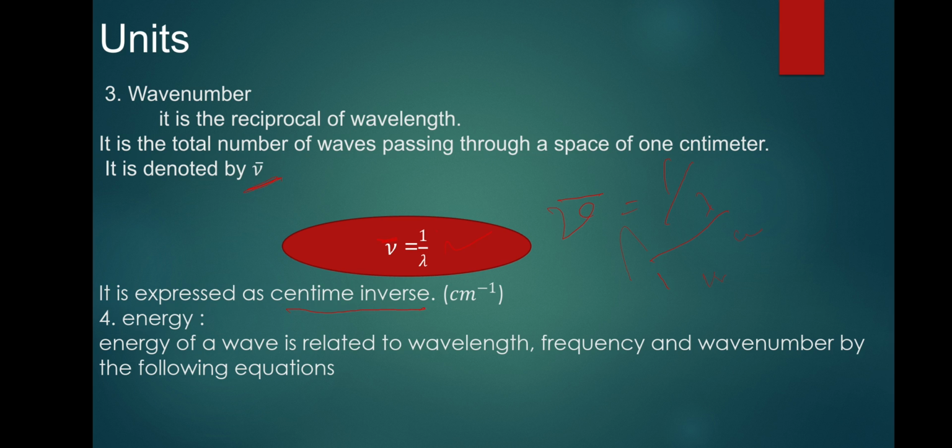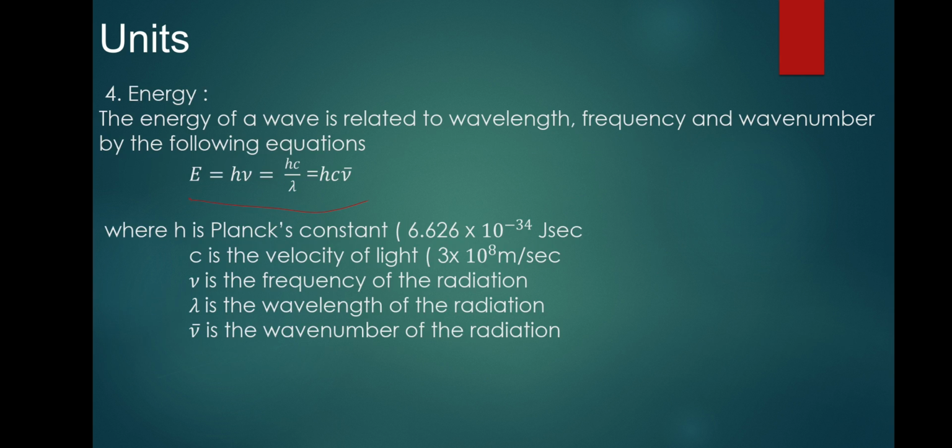Then next one is energy. Energy of a wave is related to its wavelength, frequency and wave number, and we can calculate using this expression, that is E is equal to, what should come to your mind is h nu. Okay, that is Planck's constant and frequency. Then nu is related to lambda by c by lambda, so you can write this is equal to h into c by lambda.